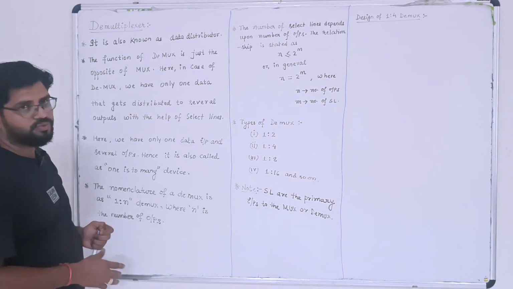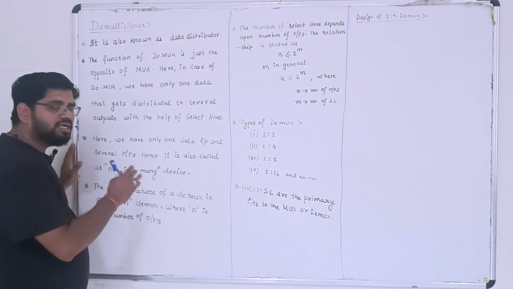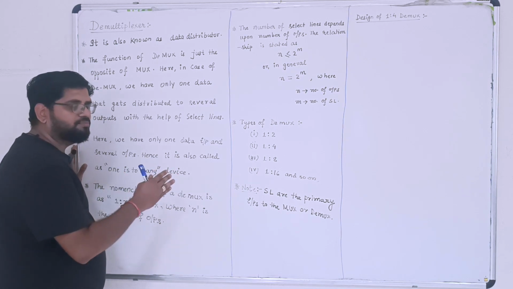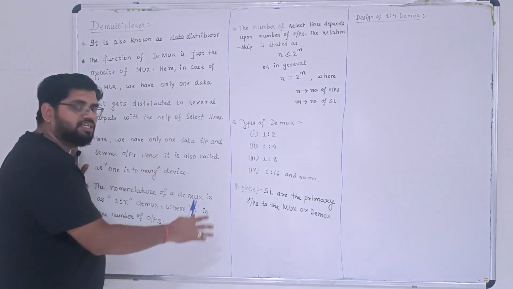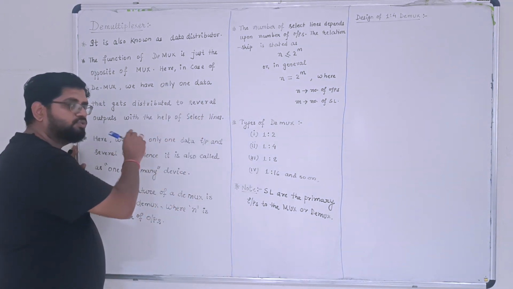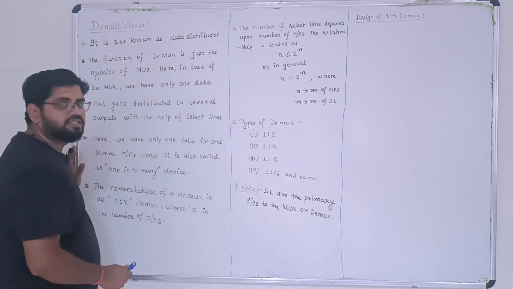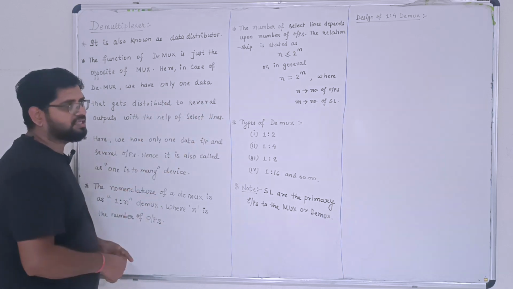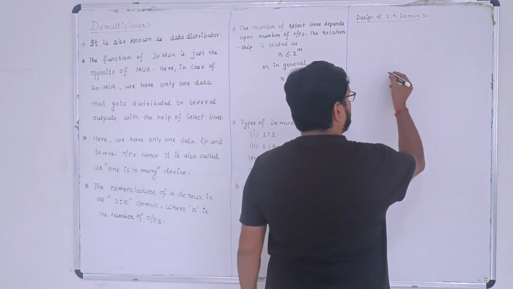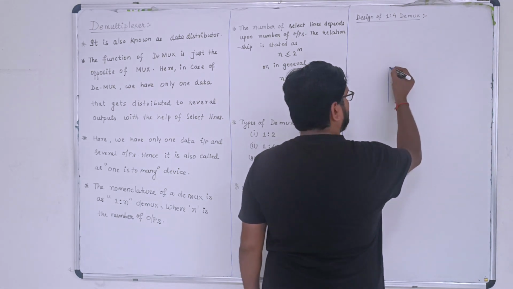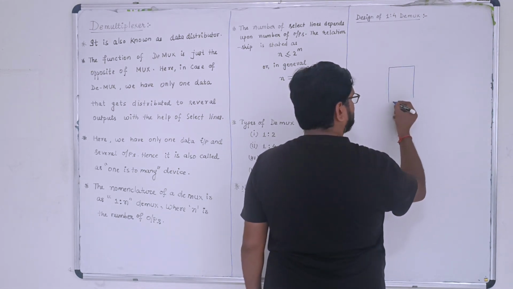In this case, we have only one data input, and we have many outputs where we distribute the same data to the various outputs. For generalization, you can understand it with this diagram.